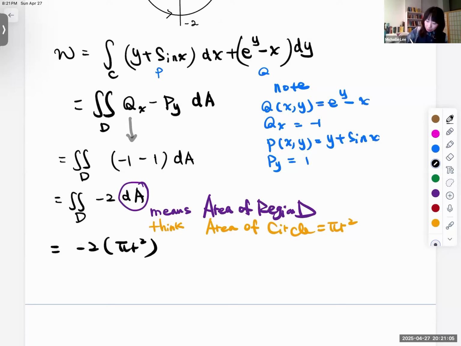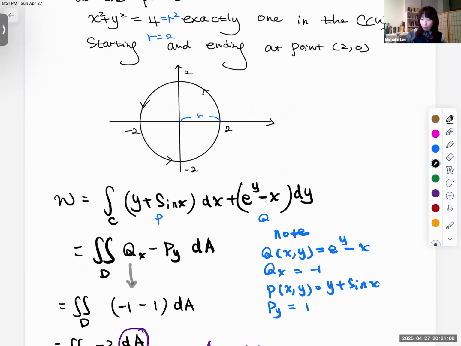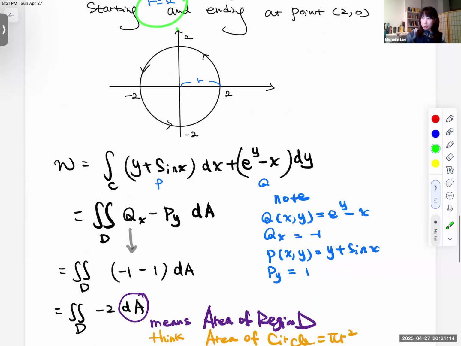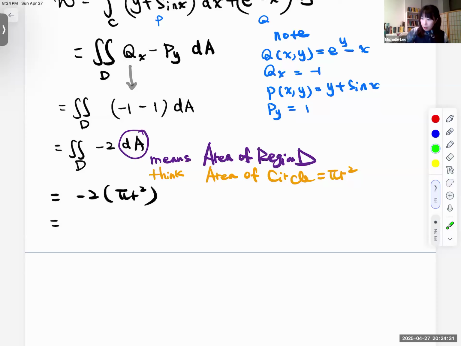So r in this case is 2, so r squared is 2 squared. So -2 pi times 2 squared, which is -8 pi, right?